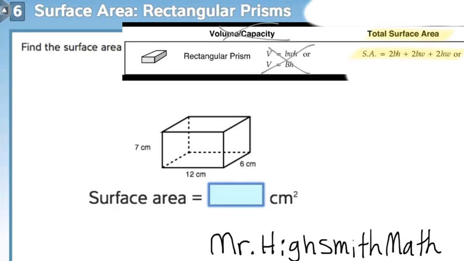Alright, so we have to identify the base, the width, and the height. So here the base is 12 and the width is 6 and the height is 7.